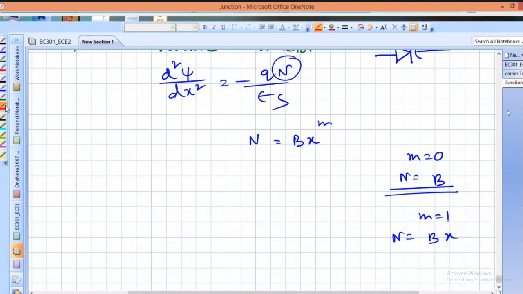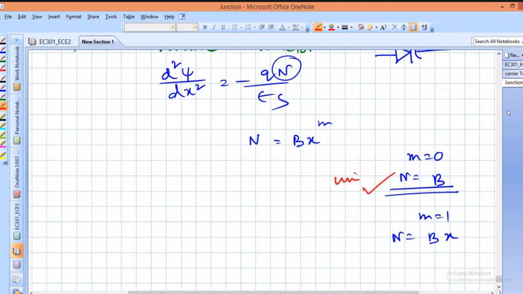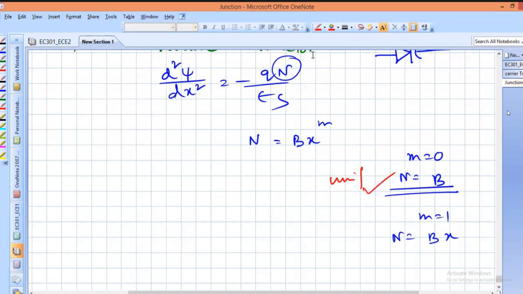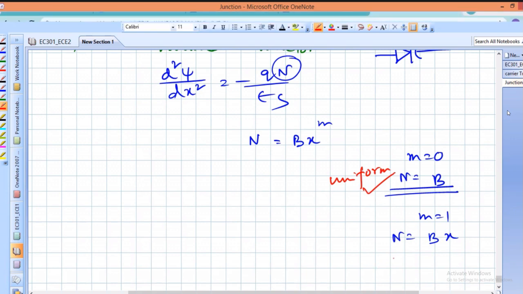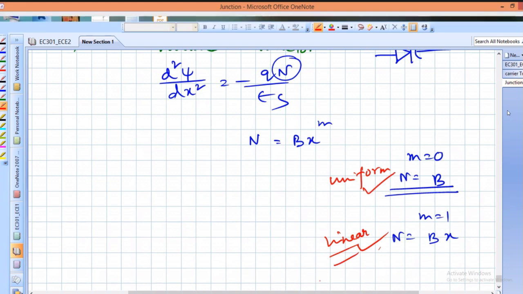If m is 0, N is equal to B, which means it is uniformly doped throughout the junction. Uniform doping concentration is being maintained, right? Uniform doping. If we consider m is equal to 1, that means it is linearly graded. Bx varies with x, so it is a linear form of grading, so it can be varied.